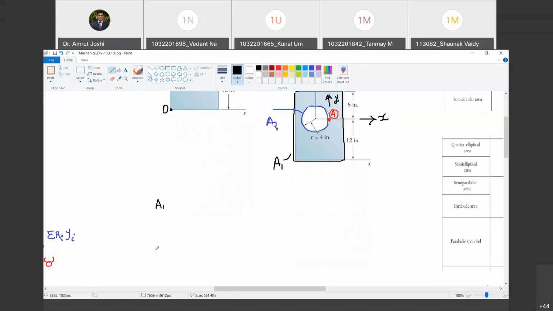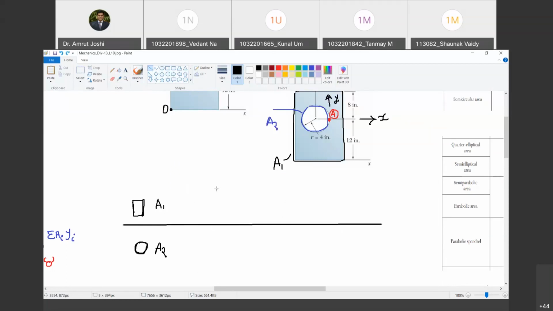So let us do that now. A1 and A2. What is A1? A1 is a rectangle. And what is A2? A2 is a full circle. Now can you tell me how much is A1 and how much is A2?